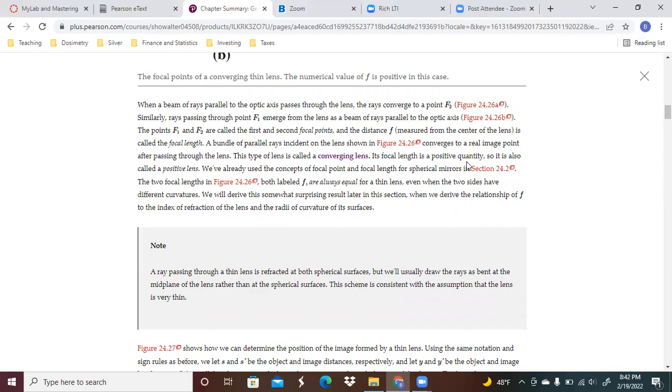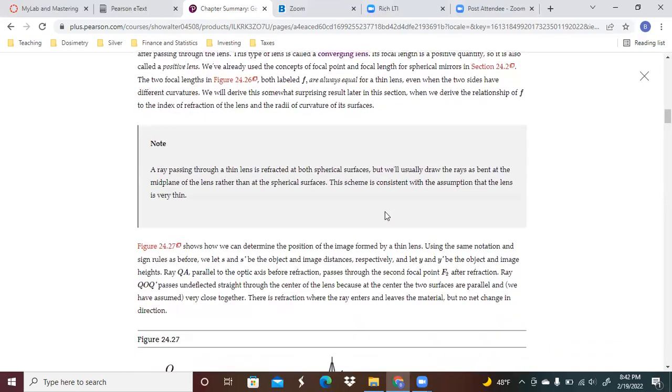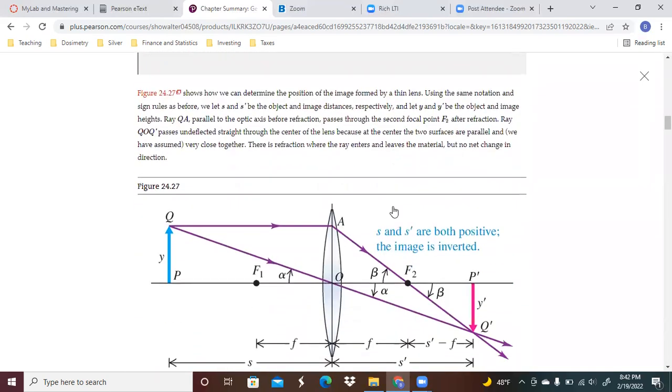Its focal length is a positive quantity, so it's also called a positive lens. We've already used the concepts of focal point and focal length for spherical mirrors. The two focal lengths in figure 24.26, both labeled f, are always equal for a thin lens, even when the two sides have different curvatures. We'll look at that a little bit later on.